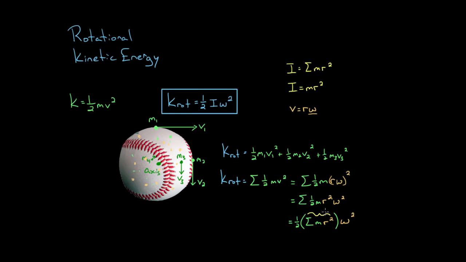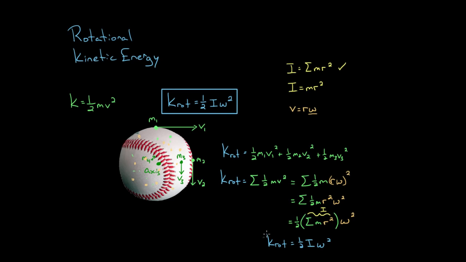This is just the moment of inertia of this baseball or whatever the object is. It doesn't even have to be of a particular shape. We're going to add all the mr squareds. That's always going to be the total moment of inertia. So what we found is that K rotational is equal to 1/2 times this quantity, which is I, the moment of inertia, times omega squared. And that's the formula we got up here just by guessing, but it actually works.